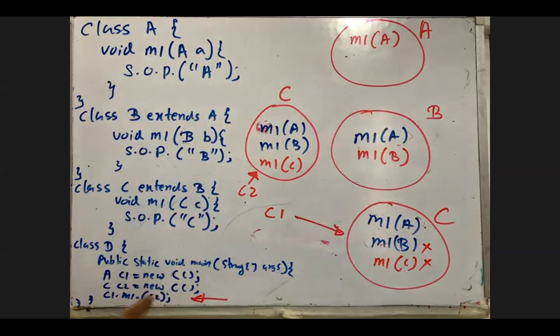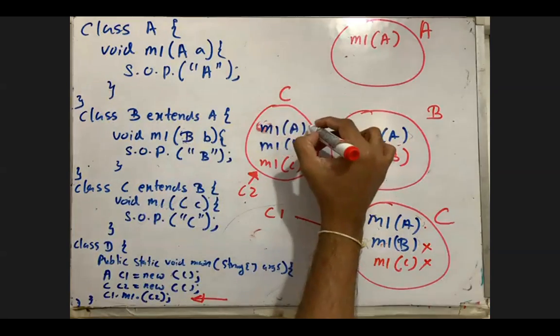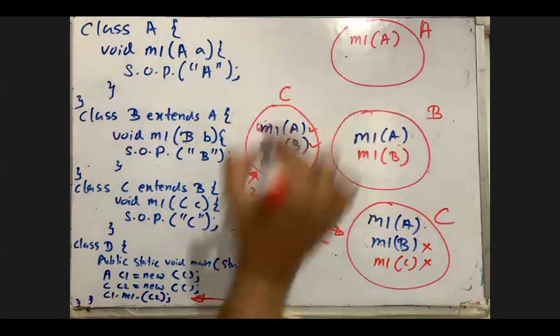C2 is from the same class. That means here it can access this one or this one, whichever way you like.